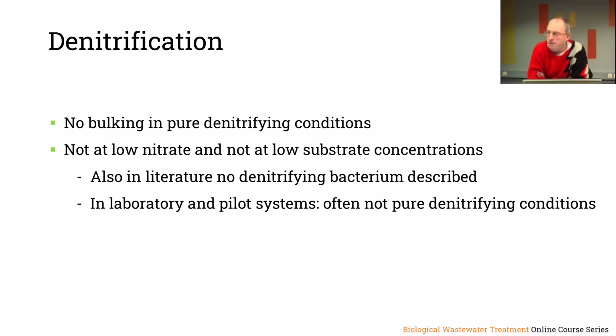And even in selector systems that are only a meter deep or something like that, or you have overflow weirs, etc. You measure an oxygen concentration of 0 in the reactor, but due to some headspace aeration or aerated sludge recycle, you still have some oxygen present in an anoxic selector, and then you don't have pure anoxic conditions anymore. You effectively have microaerophilic conditions, which indeed lead to bulking sludge.